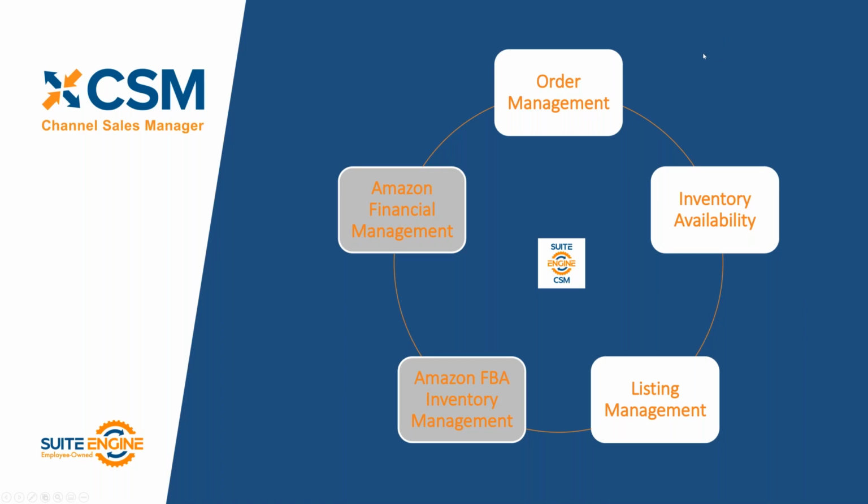In our world, we classify our functionality by order management, inventory availability, listing management, and then with Amazon, we have a couple of specialized modules. One, reconciling or getting the information about Amazon's 14-day payment cycle, and two, with the FBA module, how do we get inventory to Amazon?